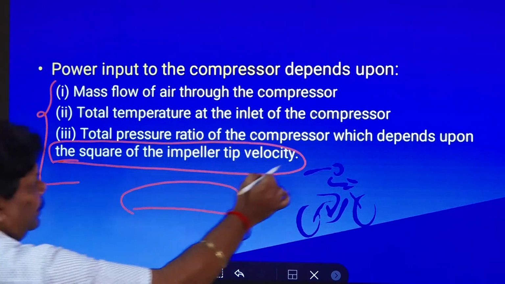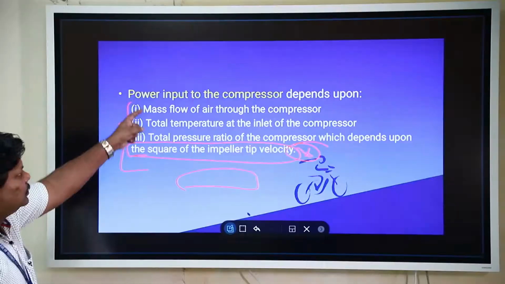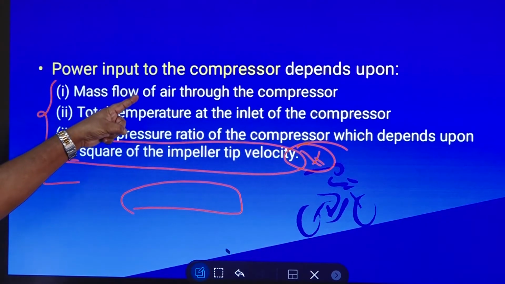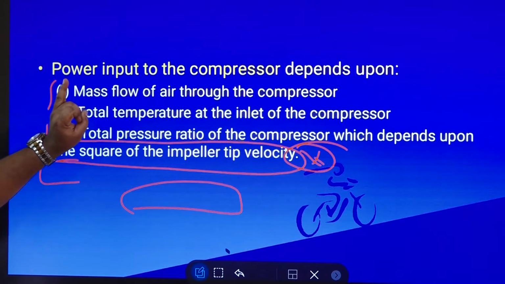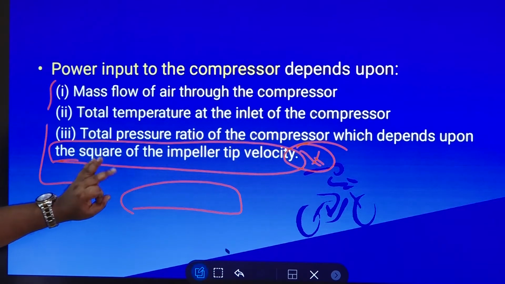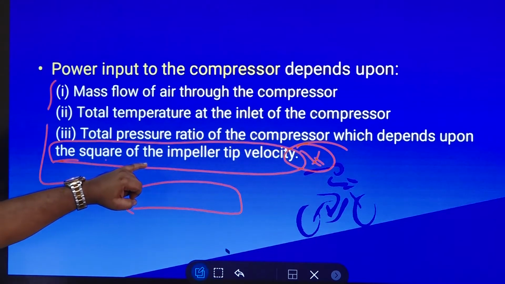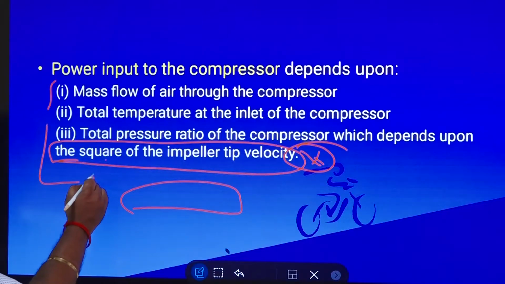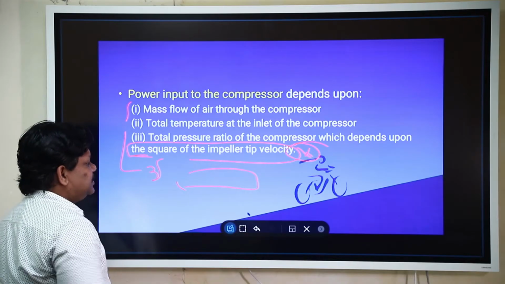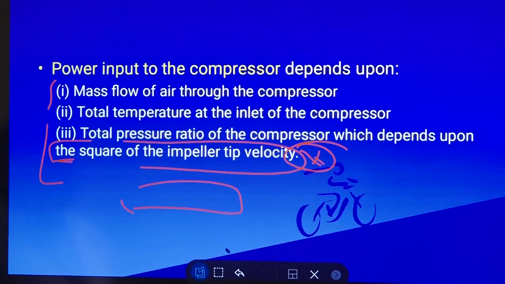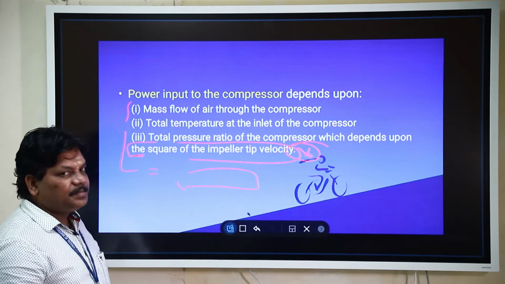Sometimes you may get statements saying it is the cube of the impeller tip velocity, or equal to the impeller tip velocity. Those statements are wrong.